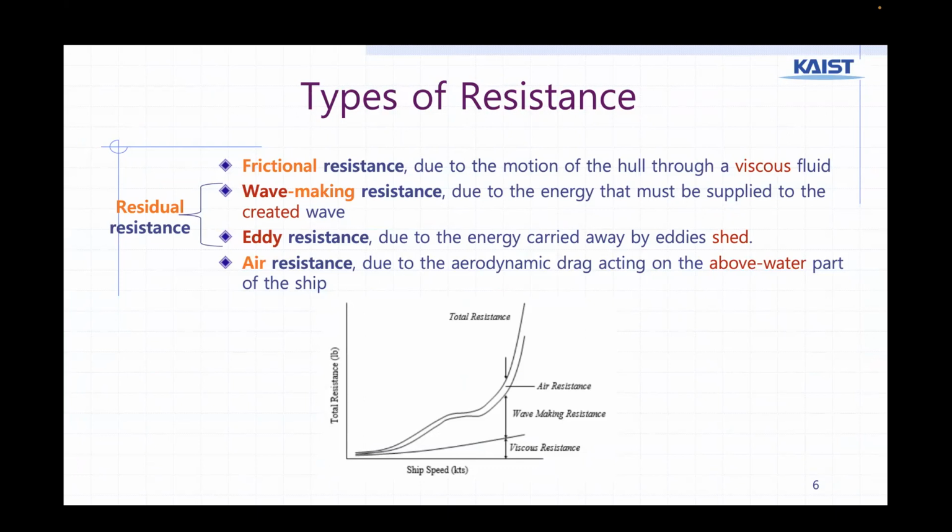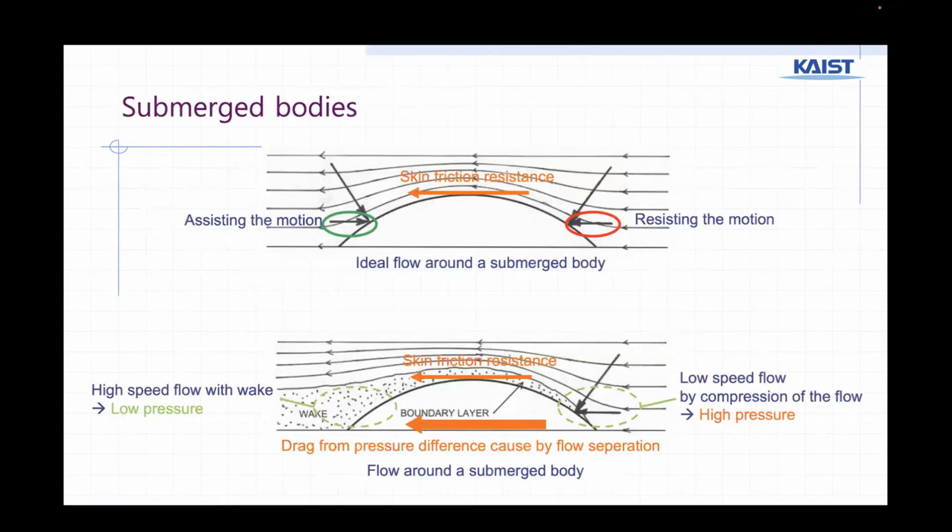Additionally, factors like eddy formation and air resistance play crucial roles. In real operation of ships, the dominant type of resistance experienced by a ship is typically a combination of frictional resistance and wave-making resistance. So let's look at more details of this resistance by understanding the resistance of submerged bodies.